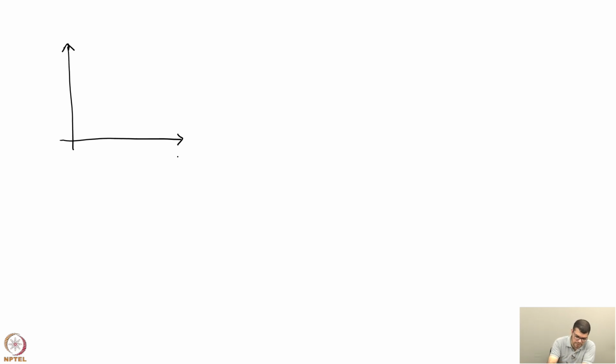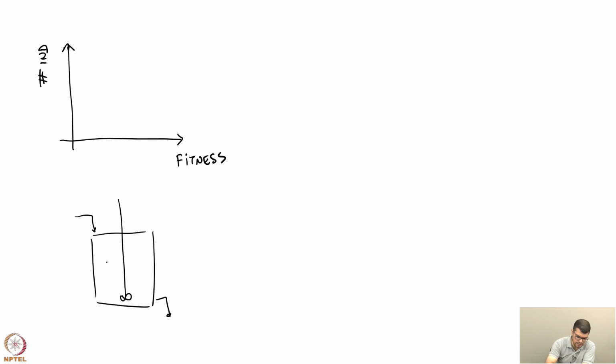So in the first one, let us say the x axis represents fitness and the y axis represents numbers of individuals. Let us imagine a population in a chemostat in which at t equal to 0, all individuals are identical, all n individuals, population size is n, and the fitness of each individual is f naught.